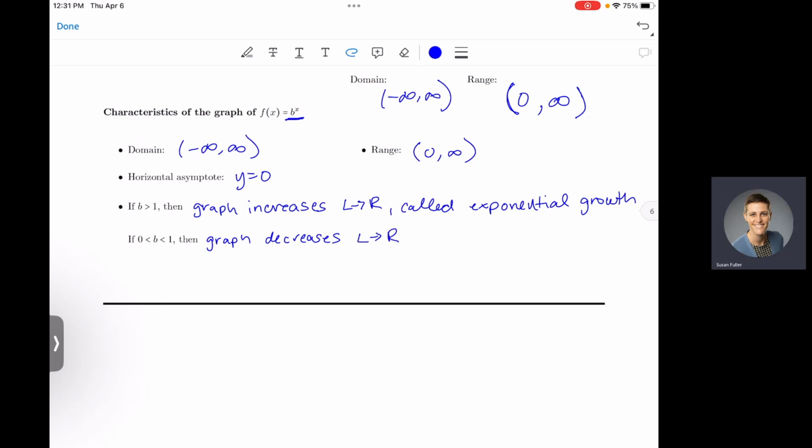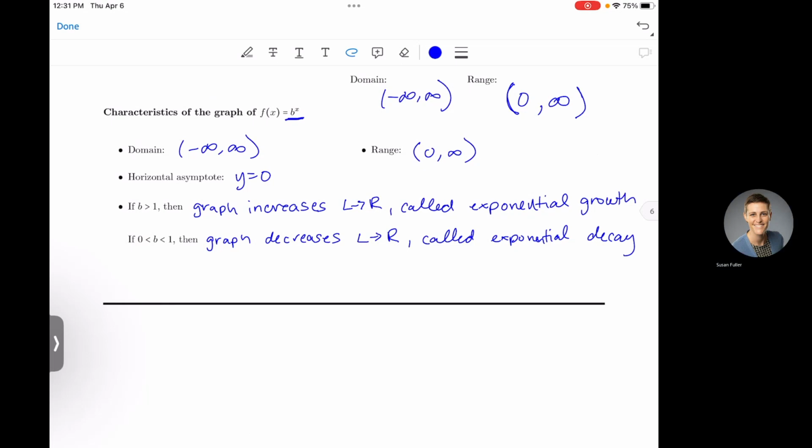So our graph is going to decrease from left to right, and we call this exponential decay. Let me see if I can spell that. Decay. Sorry. Okay. So those are our basic graphs of exponential functions.